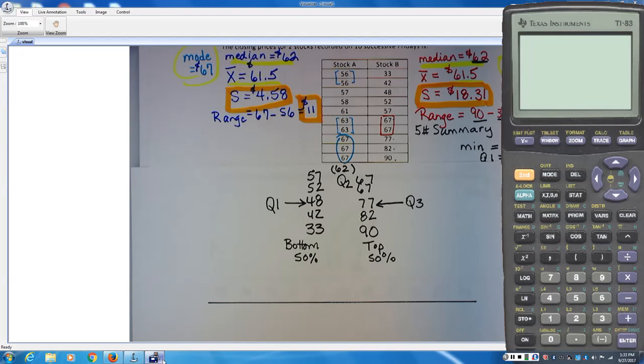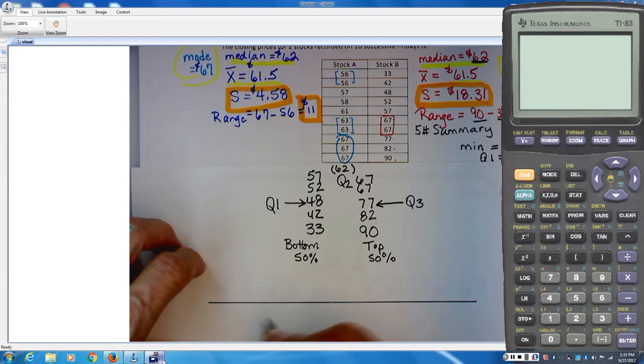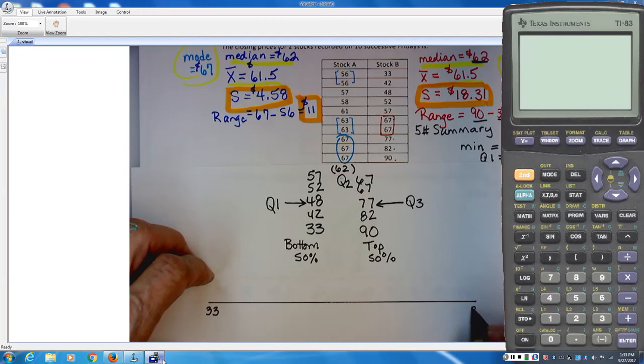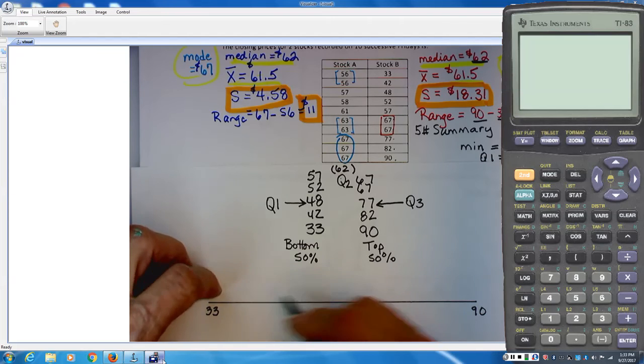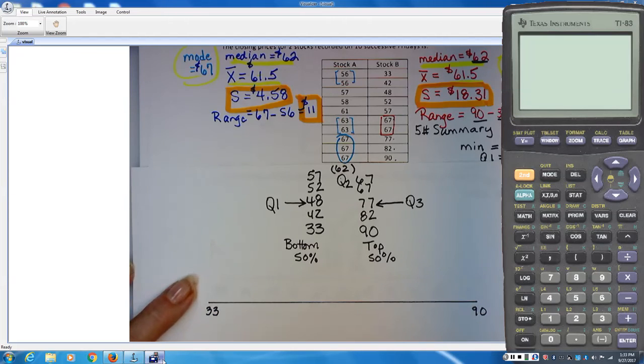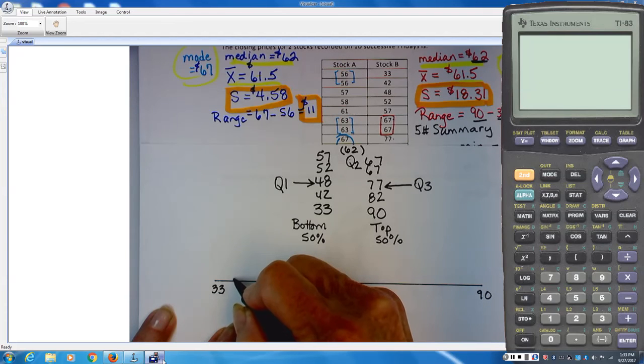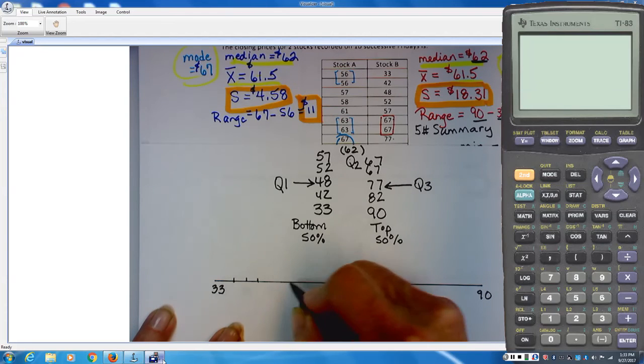And my 5-number summary needs to start at 33. And it needs to go up as high as 90. So I'm going to try to mark this off to where it's fairly close to what we looked at a minute ago. You have to have it evenly spaced.